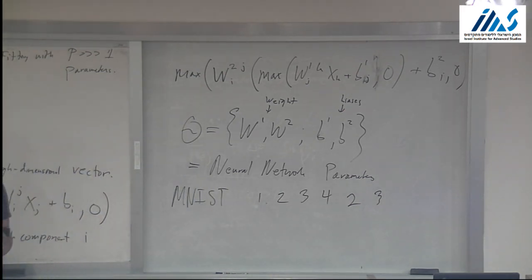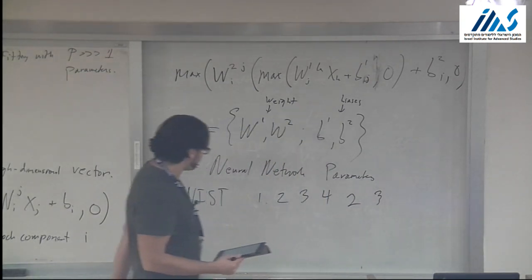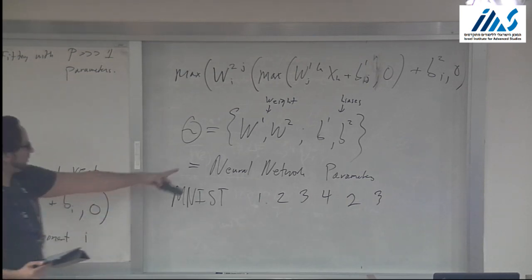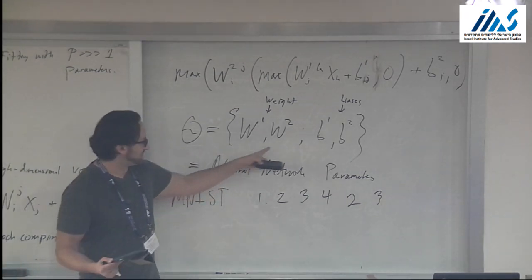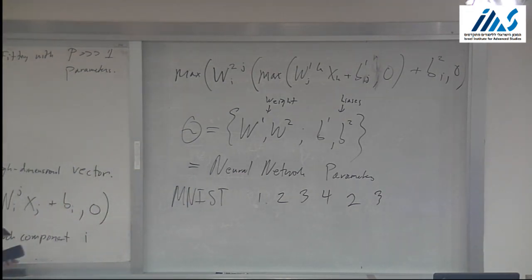And how exactly to do that, maybe I'll tell you in more detail in a second. But that's the kind of thing that we want. And so what we're learning is the values of these matrices and these vectors. Now the other thing you can see immediately from this description is that there are going to be a ton of parameters.